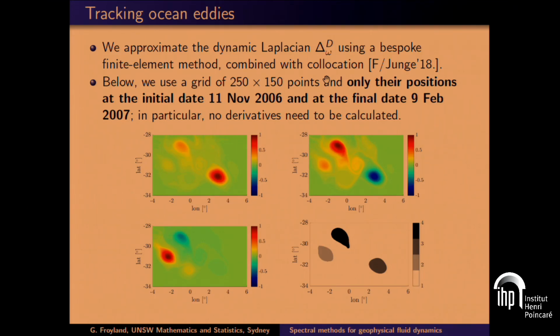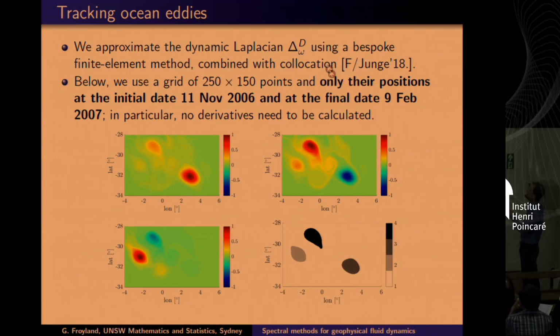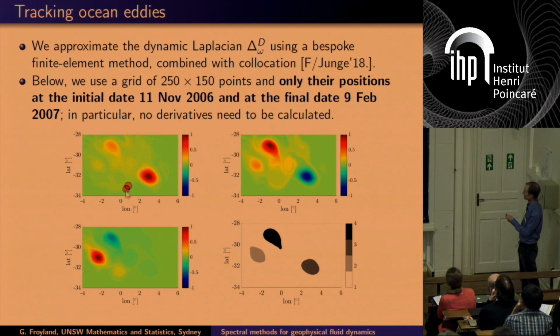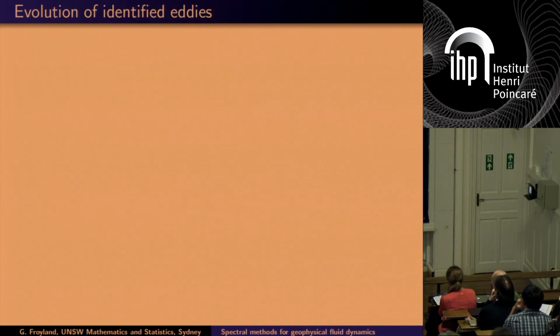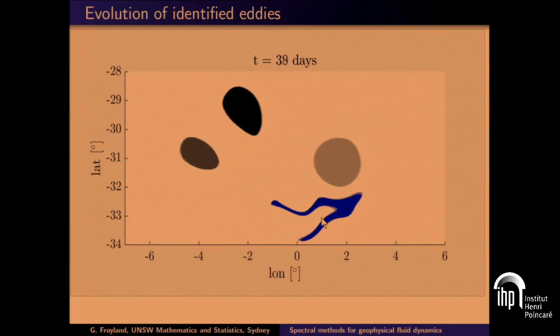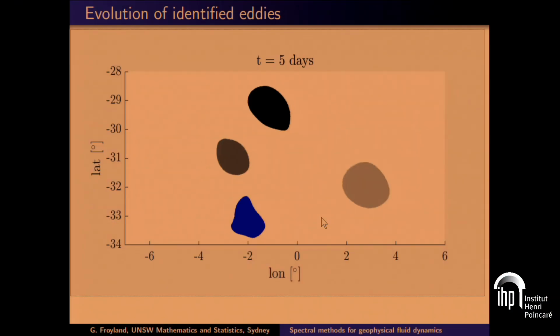And so using those 2 frames, we compute this operator. These are the first 3 eigenfunctions. And so you see highlighted here something red here, and something red here. And so if you extract these 3 red objects, you get 3 objects here. And this is how those 3 objects flow over the 90 days.